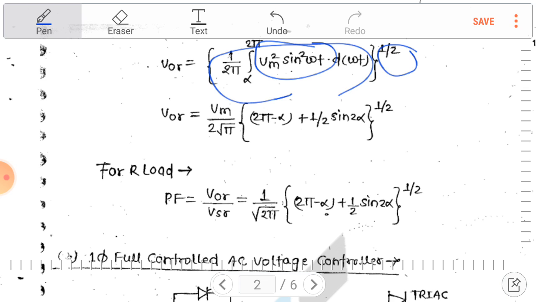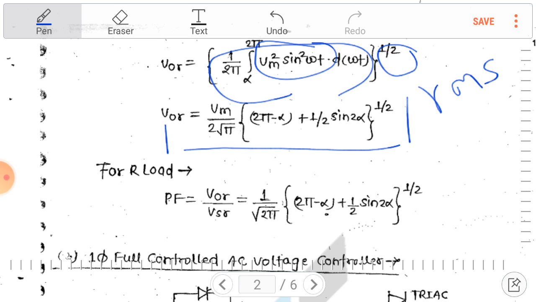It is known as root mean square. So output RMS will be determined as Vm by 2 root pi, under root of 2 pi minus alpha plus half of sin 2 alpha.